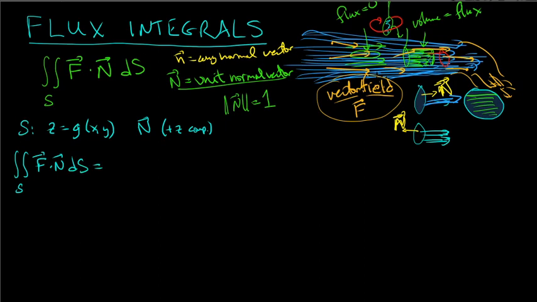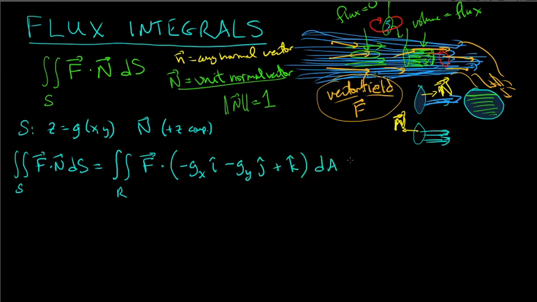It's going to be the double integral over the region R, the region underneath the surface given by the bounds, of the vector field F dot product with the vector negative partial of g with respect to x times i, minus the partial of g with respect to y times j, plus k, and then dA, which is usually dy dx or dx dy.